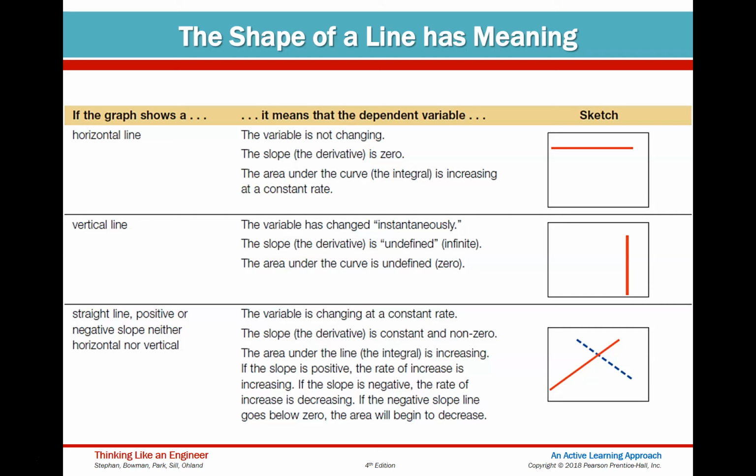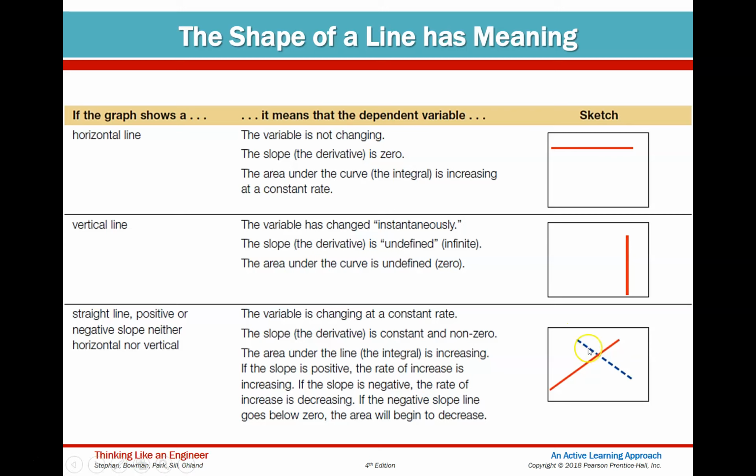But what you normally see when you see straight lines is one of two things. You either see this red line that is straight, or you see this blue dashed line that is straight. When we're talking about the red line, the derivative is constant, non-zero, and positive.